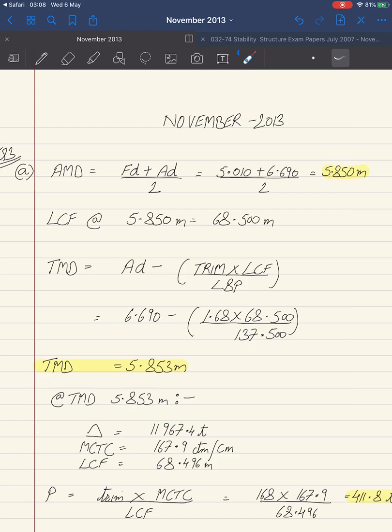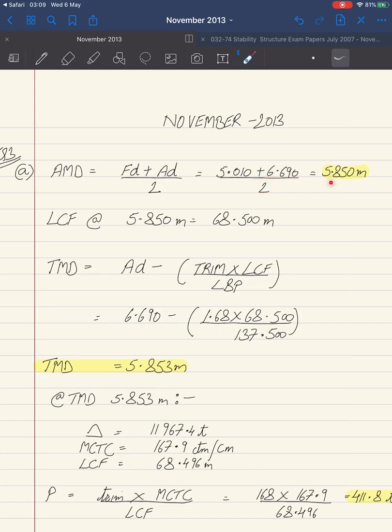In order to proceed with the question, first we need to find out the arithmetic mean draft. Arithmetic mean draft is found by forward draft plus aft draft divided by 2, which equals 5.010 plus 6.690 divided by 2.